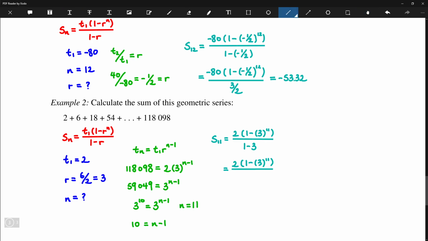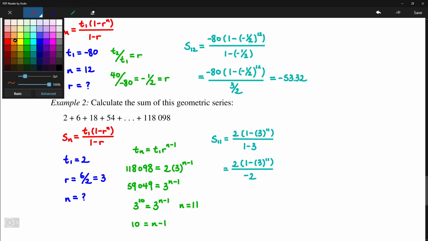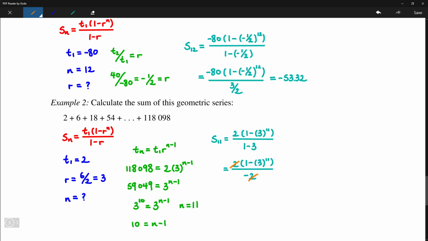If we simplify the denominator, though, we get 1 minus 3, which is negative 2. So, as you can see here, the 2's eliminate each other. So this expression simplifies to be negative 1 minus 3 to the 11th power.